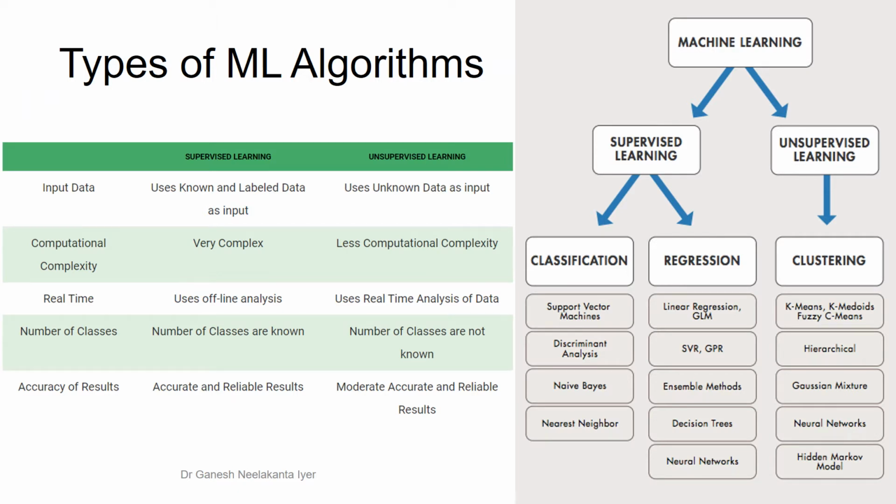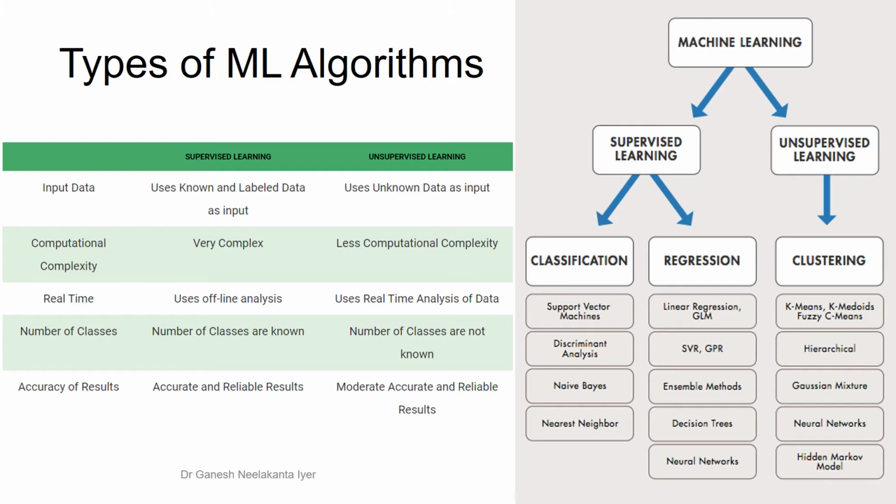So what are the different types of machine learning algorithms? Let's take the first two important categories, supervised learning and unsupervised learning. Supervised learning is nothing but whatever you learn in school from a teacher. For example, the teacher will say, this is an apple or this is an orange.